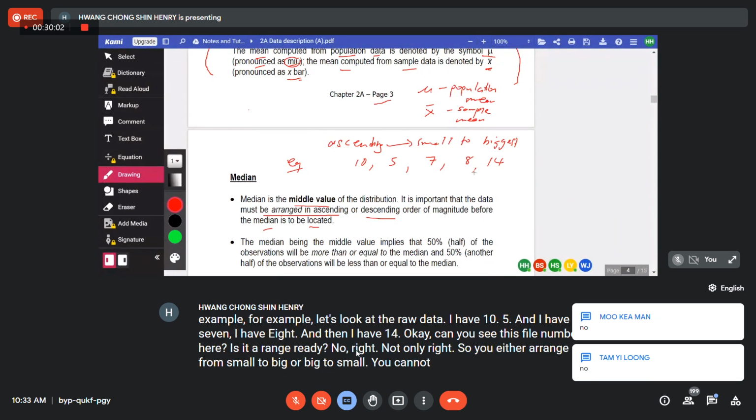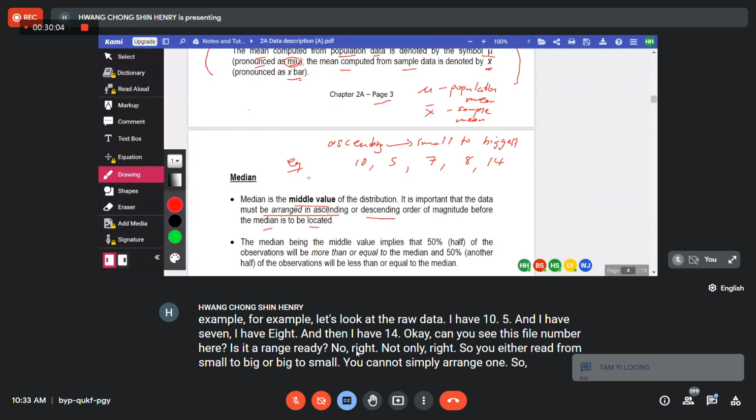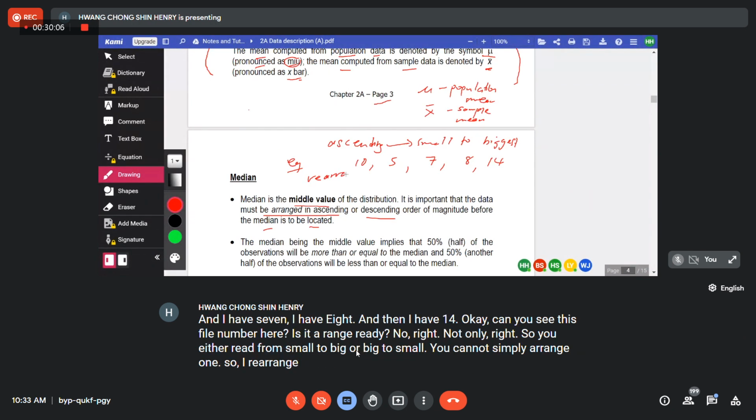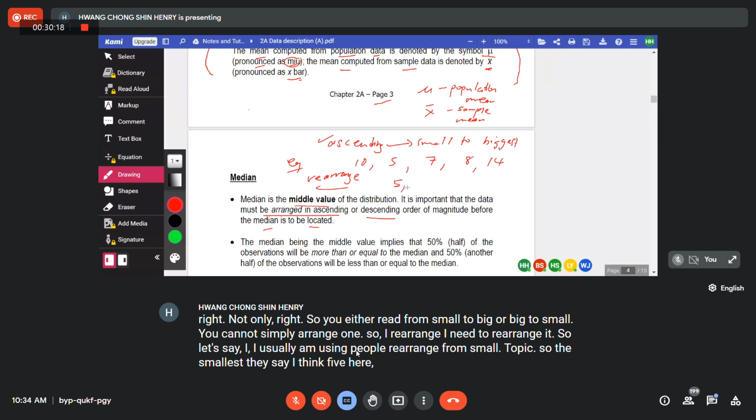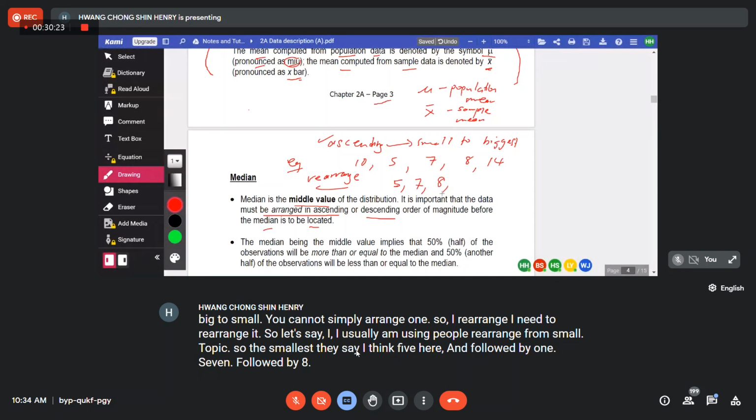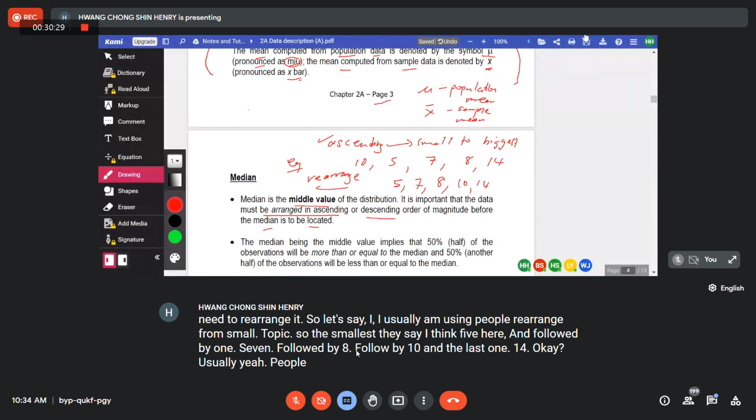You cannot simply arrange any way. So I need to rearrange it. Usually people rearrange from small to big. So the smallest, let's say I take 5 here. Then followed by 7, followed by 8, followed by 10, and the last one, 14. Okay? Usually people arrange from small to big.